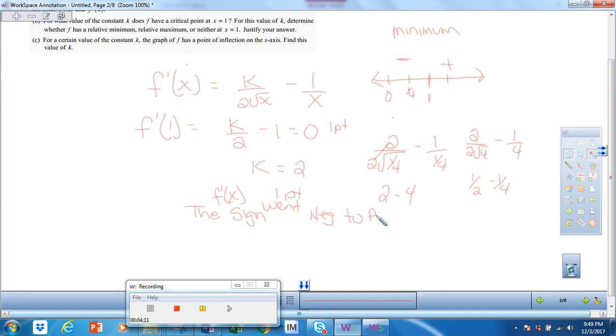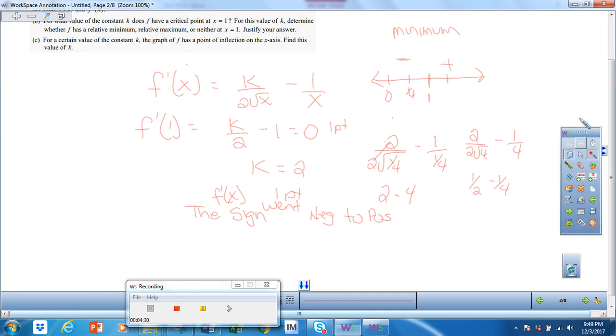But if you used ambiguous terminology such as it changed or the slope changed, you didn't get that point. So you have to be very specific here and say f prime of x went from negative to positive.